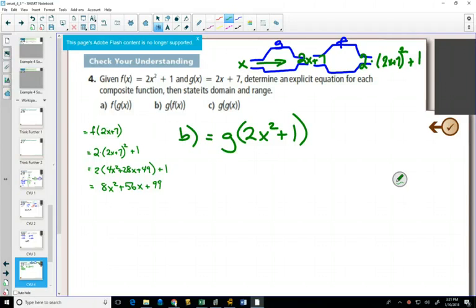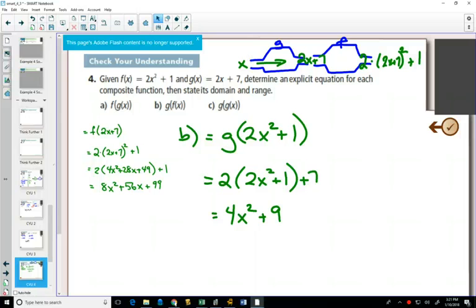And then if I throw 2x squared plus 1 into g of x, everything in g of x gets doubled, and then you add 7. So I would take my 2x squared plus 1, double it and add 7. And if I simplify this, I get 4x squared plus 9.